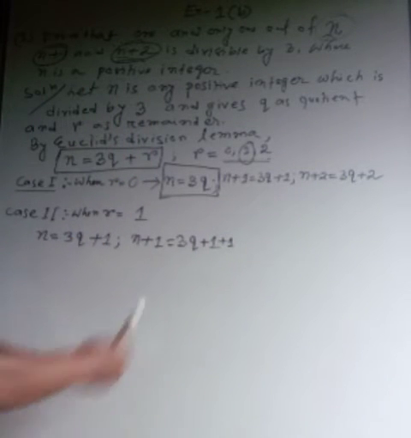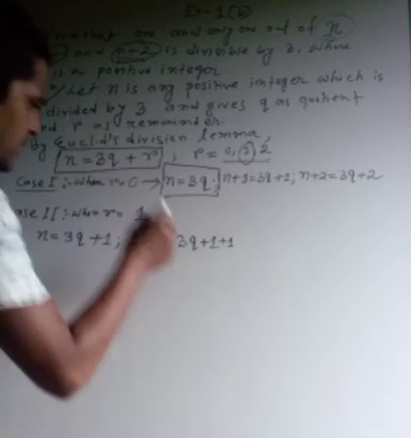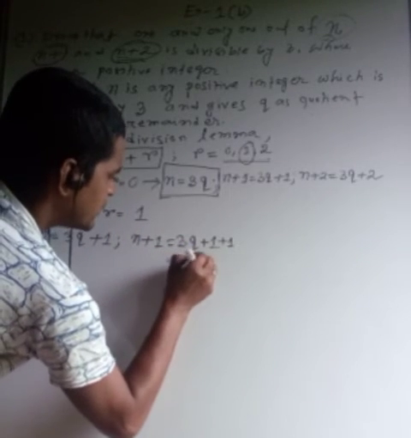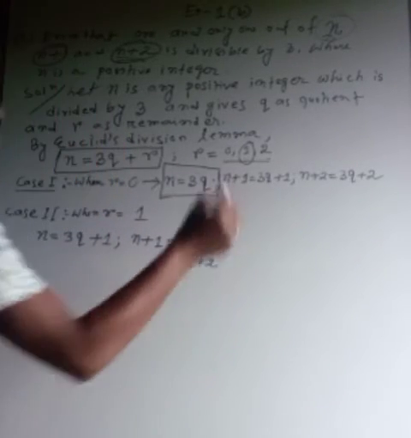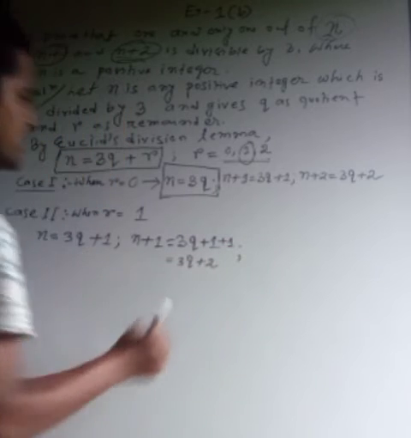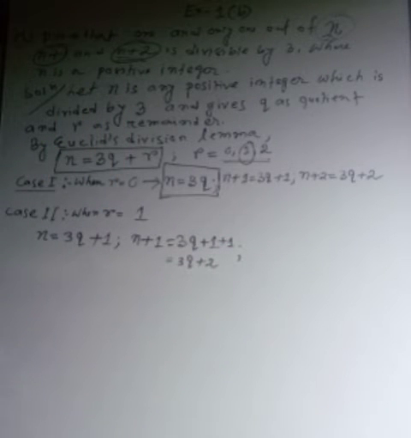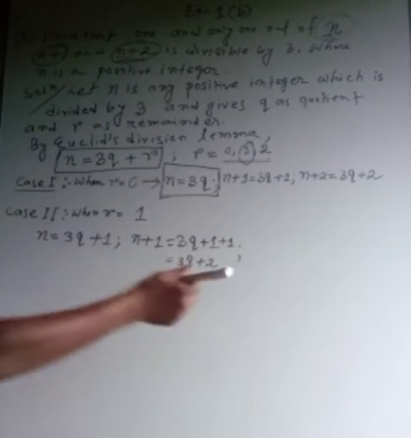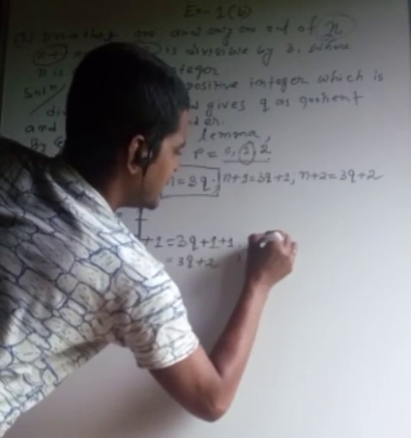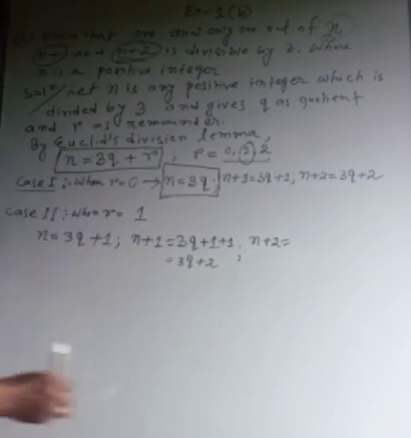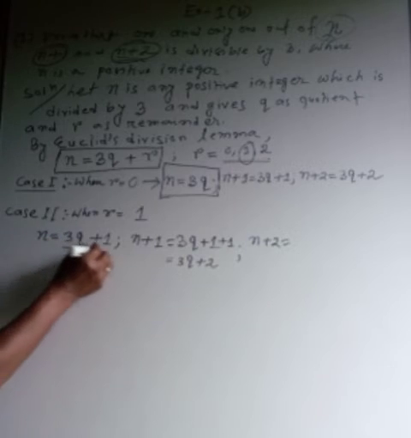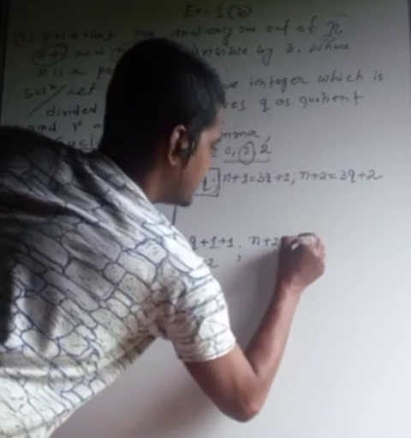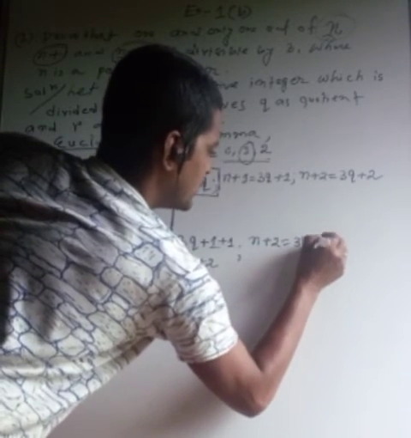It means we will get 3q plus 2. Another one remaining is n plus 2. So n plus 2 equals, we have to write the n value, 3q plus 1.